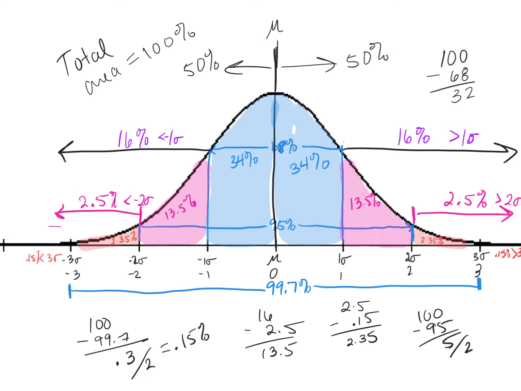And then greater than 3 is 0.15, less than negative 3 is 0.15 as well. So if we add up all those percents individually as little pieces of the standard normal model, we will get 100%. So you're going to be asked questions about this.